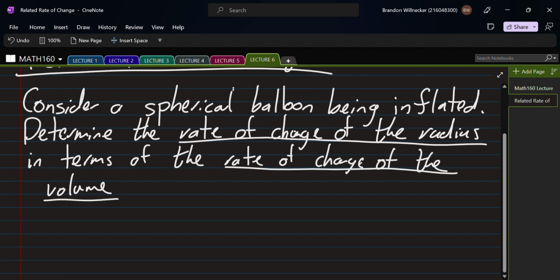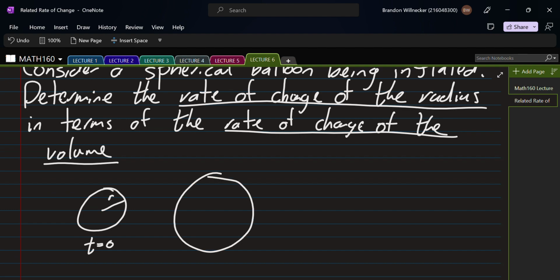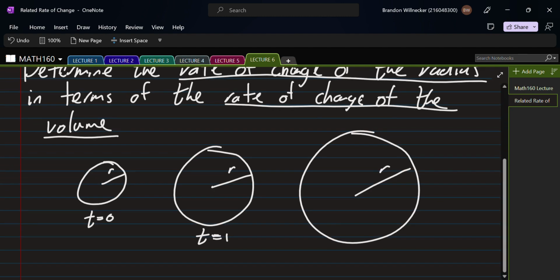We can imagine we've got a spherical balloon with some radius, let's say this is at t equals 0, then after some time the volume increases because it's being inflated. So now we've got a bigger volume at t equals 1, and then we might have an even bigger volume at t equals 3.